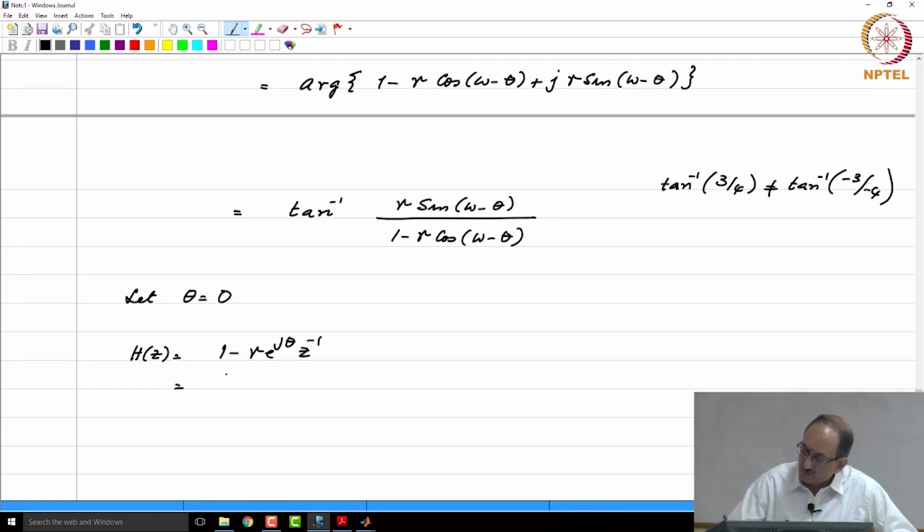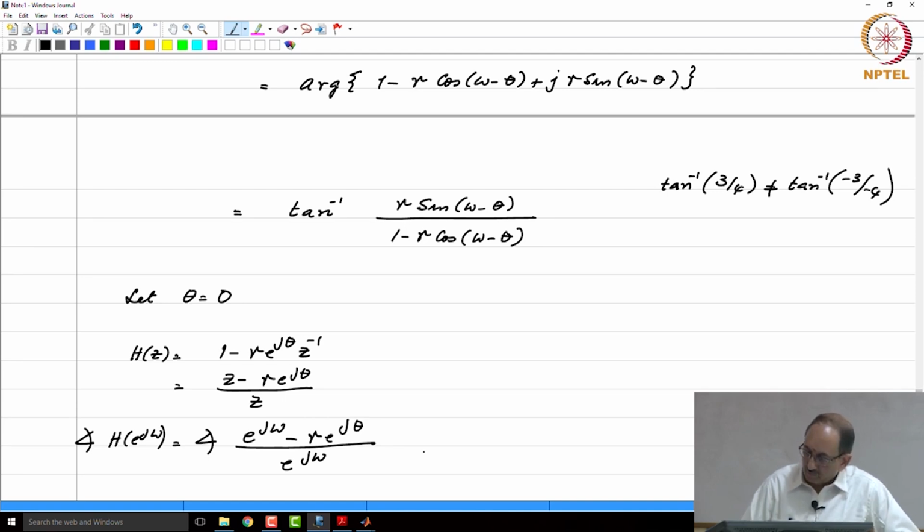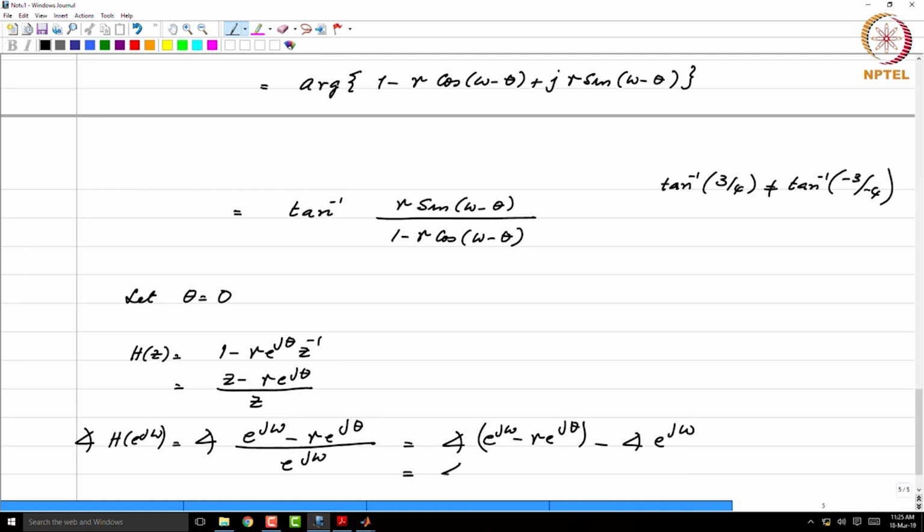this is the single complex 0. So, this is nothing but (z − r e^{jθ}) by z, and hence H(e^{jω}) is (e^{jω} − r e^{jθ}) by e^{jω}, and then we are looking at the angle of this, which in turn is the angle of (e^{jω} − r e^{jθ}) minus the angle of e^{jω}.